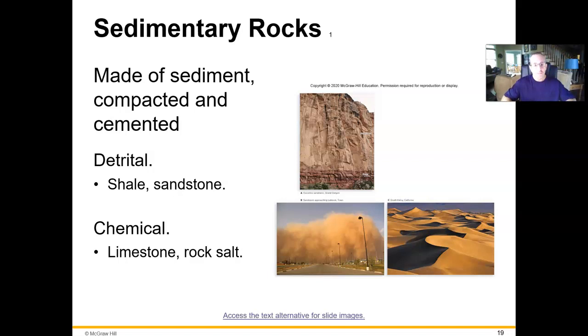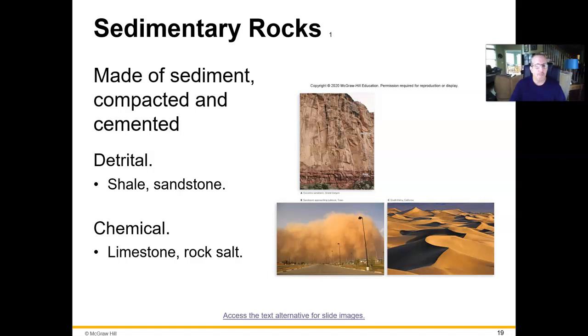And over the hundreds of thousands of millions of years, it's piled up and piled up and piled up. There's certain chemicals in there that will assist it under pressure of all that weight. It'll consolidate into a rock. So sandstone looks exactly like you would think sandstone would look. It's a rock, but it's really grainy. You can actually kind of see the grains of sand in it.